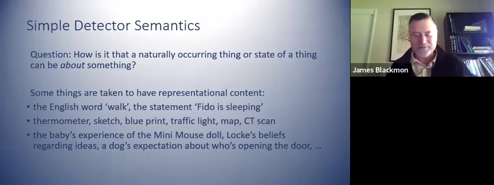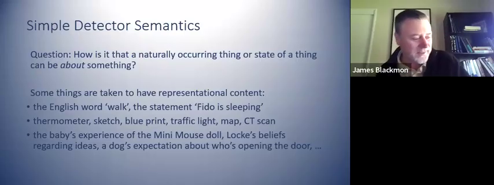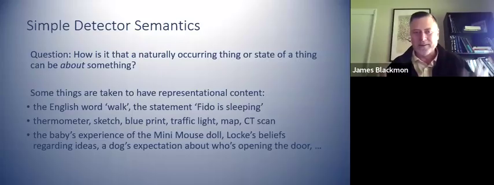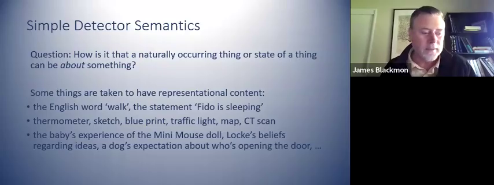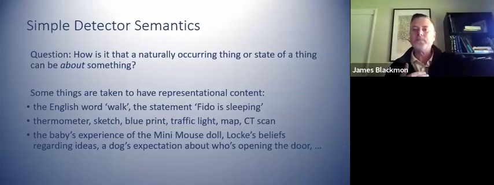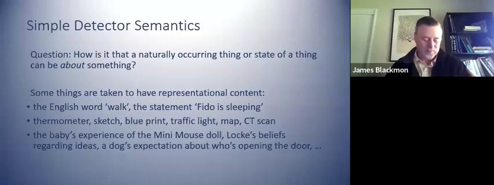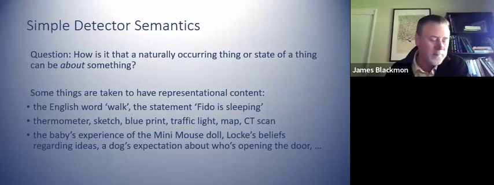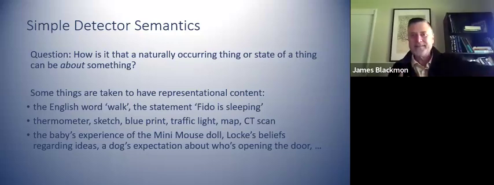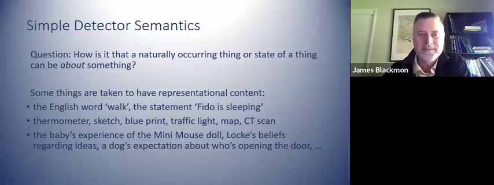Is that Jeff or my owner or whatever the dog thinks of? We just all think, unless you're like a strict behaviorist or something, that the dog is thinking about something. And then there's evidence of that because depending on who opens the door, the dog gets more or less excited. But even that somehow has to be explained with neurons, it seems.